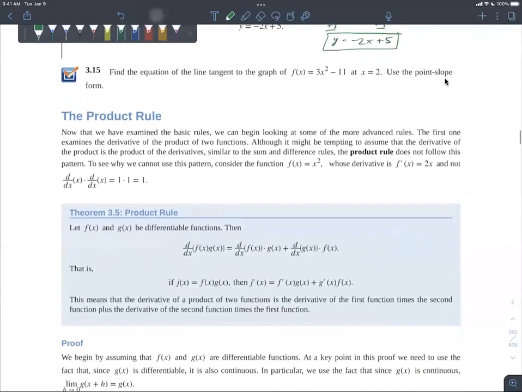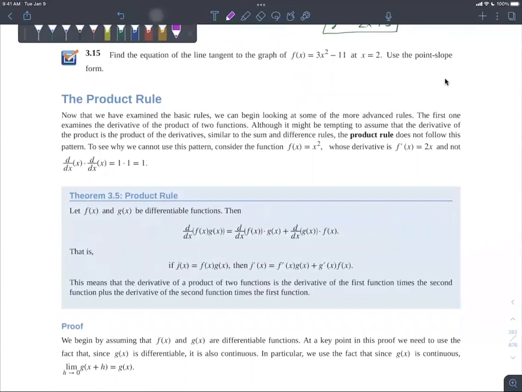So just to explain that one more time, f of x equals x squared. This is x times x, right? So we know that the derivative f prime of x is equal to 2x. Now, since this is x times x, could we just take the derivative of the first function, the derivative of the second function, and just multiply those two?